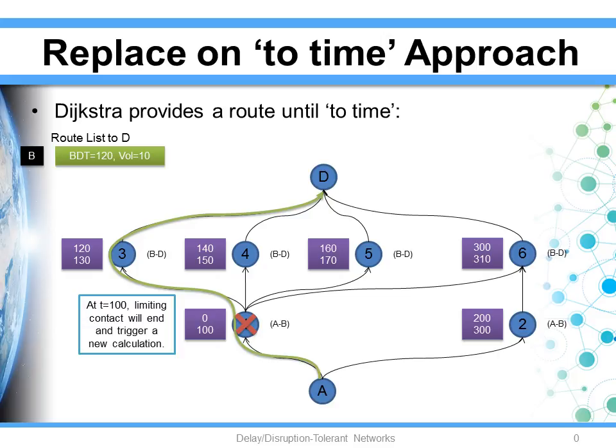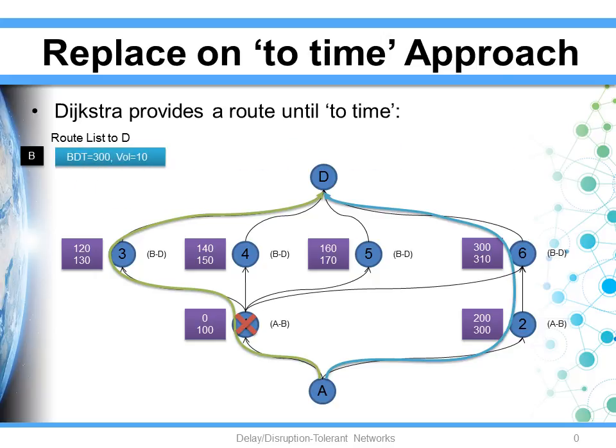And this event of reaching time 100 will trigger a new route calculation to replace or repair the node B entry in the route list. This calculation will render an alternate route through another contact to node B, which is contact number 2.